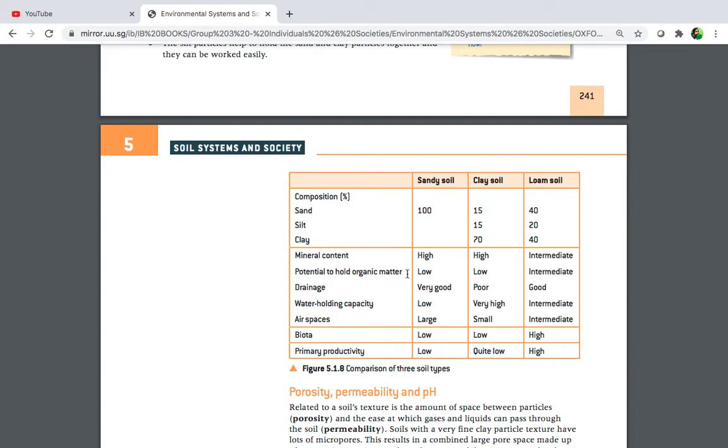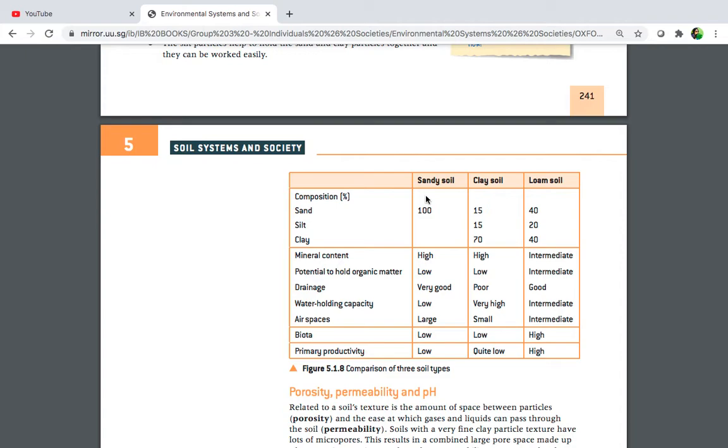When we say organic matter, it's living matter that is in a state of decomposition, or everything that is made of carbon, carbohydrates, sugars, and any kind of matter that contains carbon. Drainage, water holding capacity. What is the amount of water that soil can hold? That is part of the virtual lab to understand that. Air spaces or pores, biota, and primary productivity. When we talk about primary productivity, it is how species gain mass and energy from soil, right?